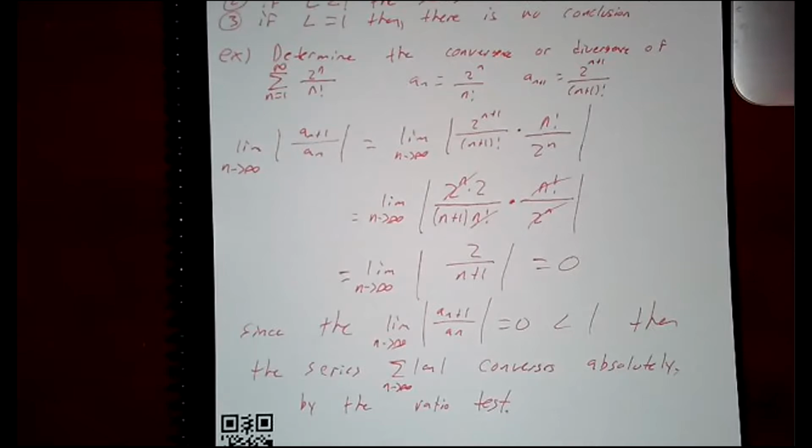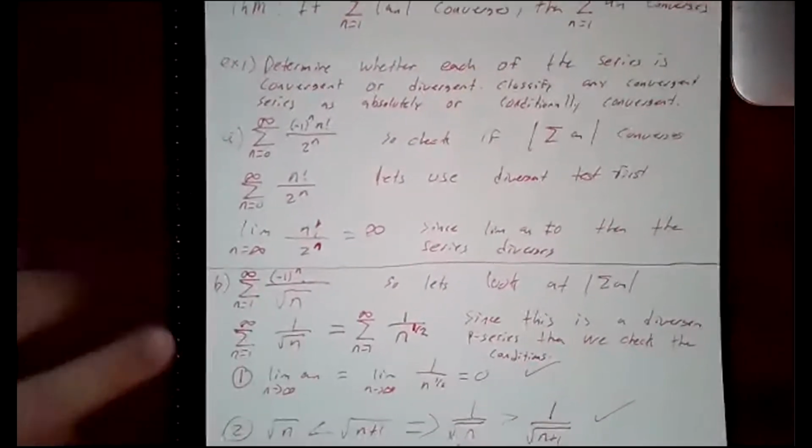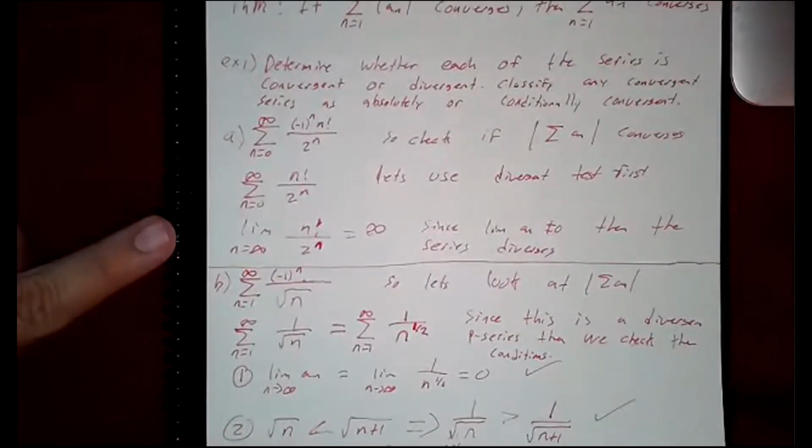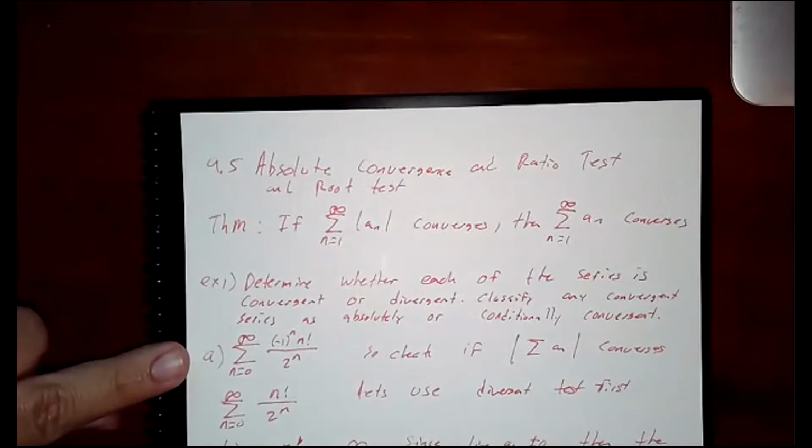Okay. So the cool thing about this is if you see an alternating piece, for example, back here, part A, you could have done the ratio test.